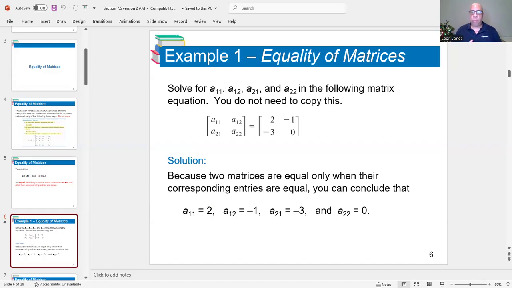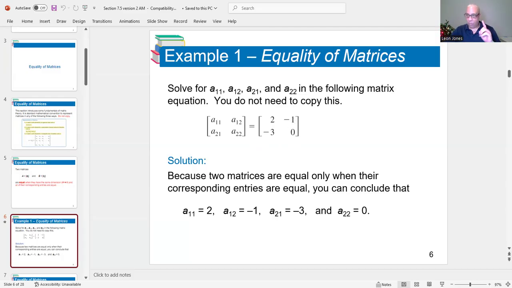This is something, if you don't understand matrices, you can copy this information. Because two matrices are equal only when their corresponding entries are equal, you can conclude that A11 equals 2. This is A11 right here, 2. A12 equals -1. This number represents A12.